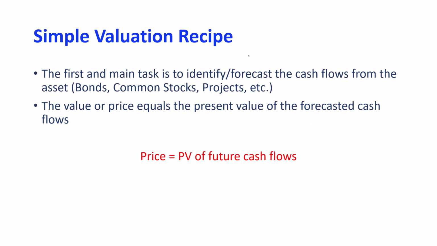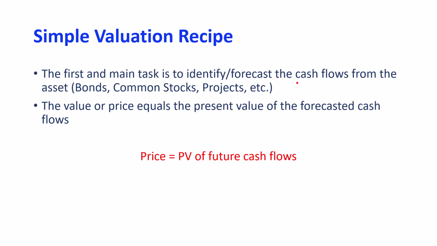Here we're going to keep things very simple. To find the value of the bond, we're going to rely on the techniques and tools that we learned about in the time value of money and discounted cash flow chapter. The first and main task here is to identify or forecast the cash flows from the asset.